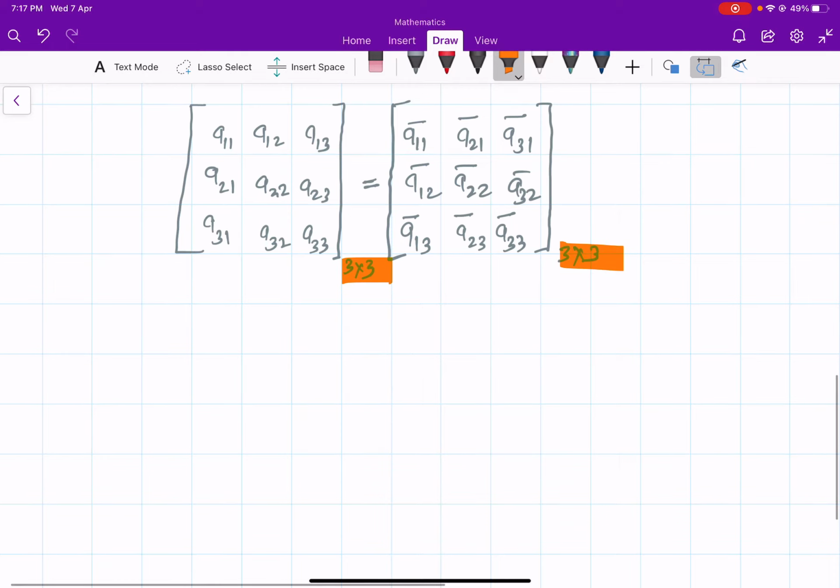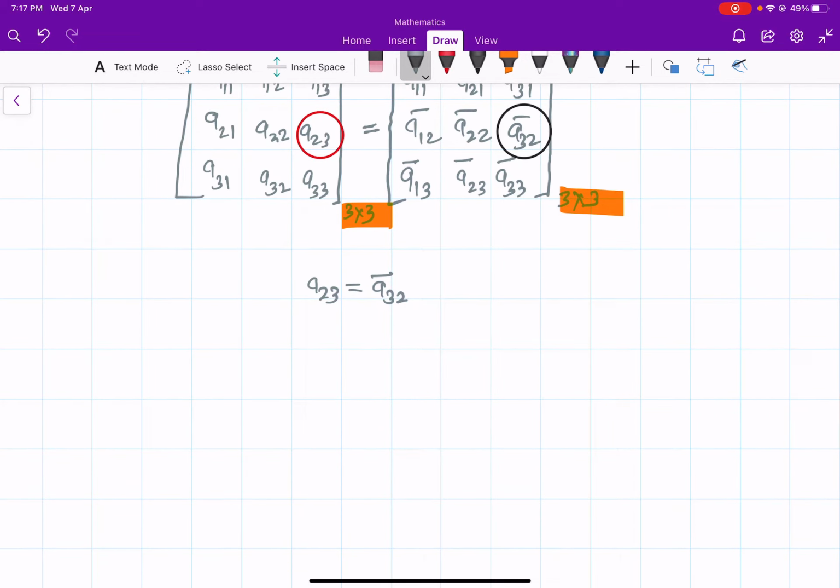In general, if we consider the element A23, it will be equal to A32 bar, so we can write A23 equals the complex conjugate of the element A32.